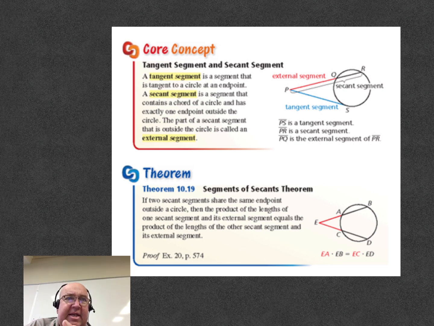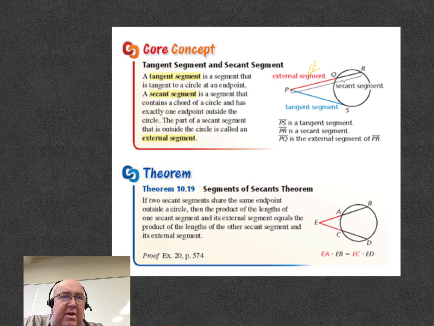Now we're looking at a tangent segment and a secant segment. Remember, secant just intercepts at 2 points on the circle. And then to continue that line, they use an external segment up here, and you can see that. And then a tangent only intersects the circle at 1 point.